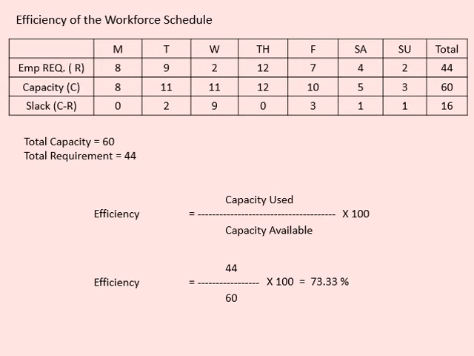Efficiency is capacity used multiplied by 100, and divided by capacity available. In this case it is 44 multiplied by 100, and divided by 60. That is, 73.33%. 100% efficiency is expected, however, it is difficult to design a schedule with 100% efficiency. A higher efficiency is desirable. Thank you.